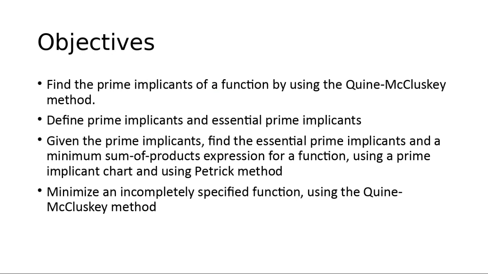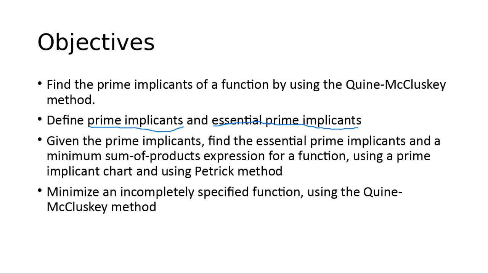Okay, our objectives are to find the prime implicants of a function by using the Quine-McCluskey method. Define prime implicants and essential prime implicants. We will see the differences between those terms.